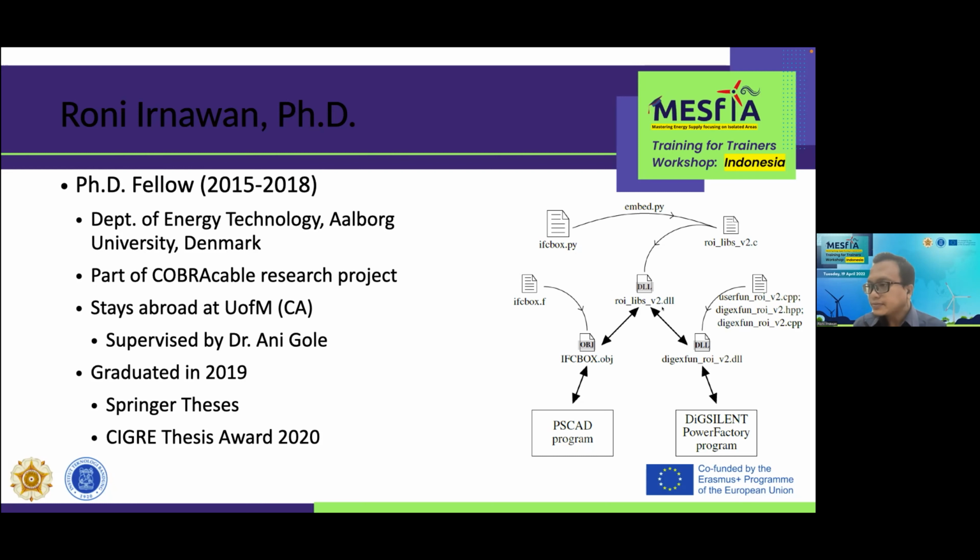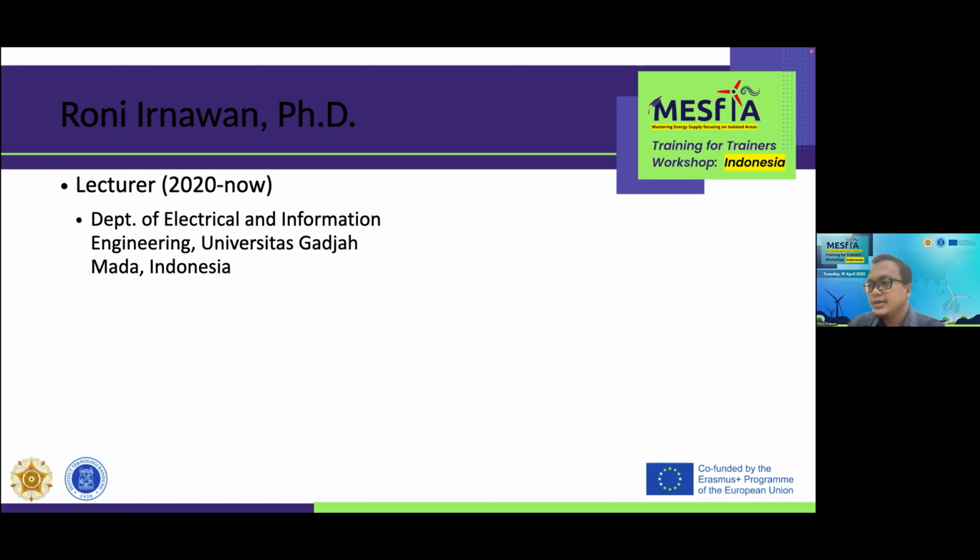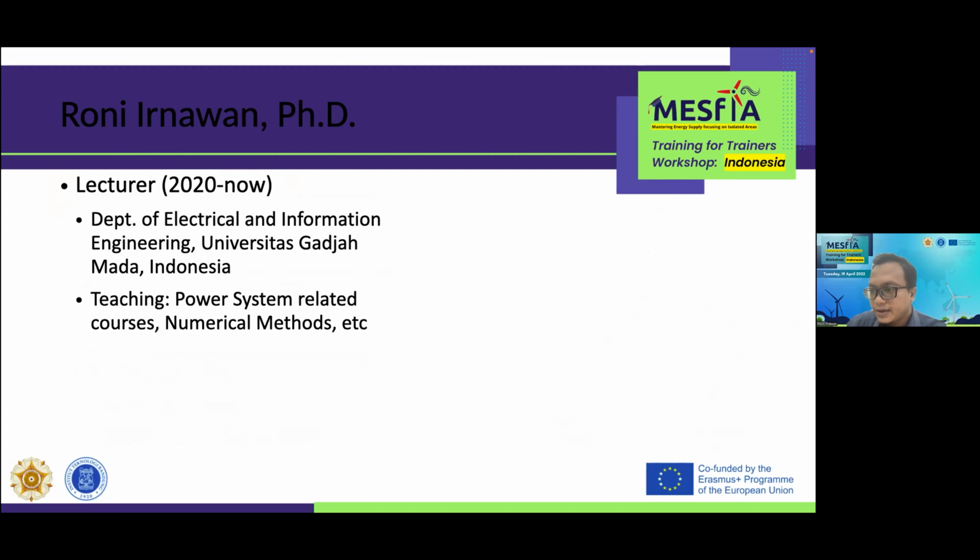So Python, Fortran, C++, and then I came back here to join a university in 2020, and at that time I was also teaching power system related courses at different levels, bachelor and master, and numerical methods as well.